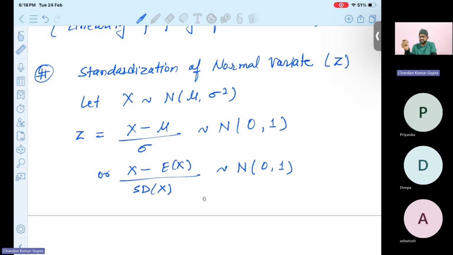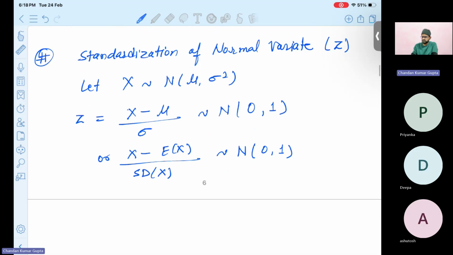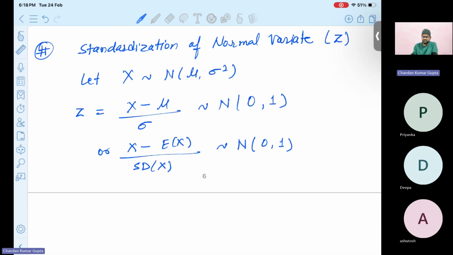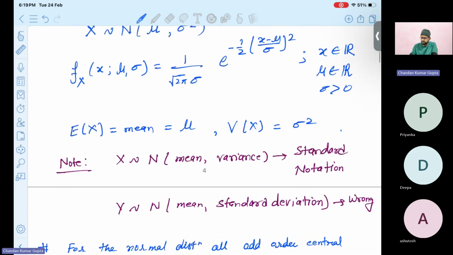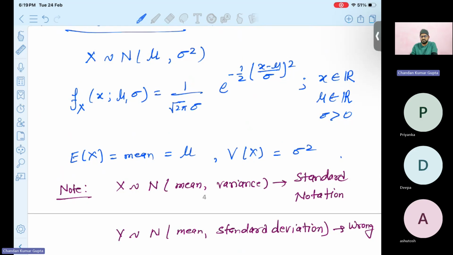This may apply to different kinds of random variables as well. So this Z random variable is known as the standard normal variate. When we solve numericals based on this topic, you will find that we always use the standardized variate instead of the normal variate, because the PDF is not integrable in closed form.